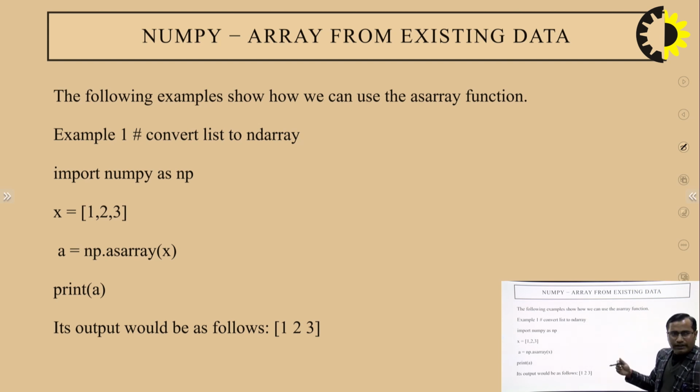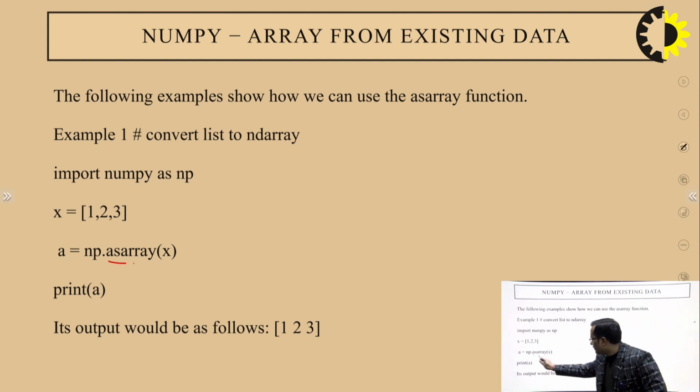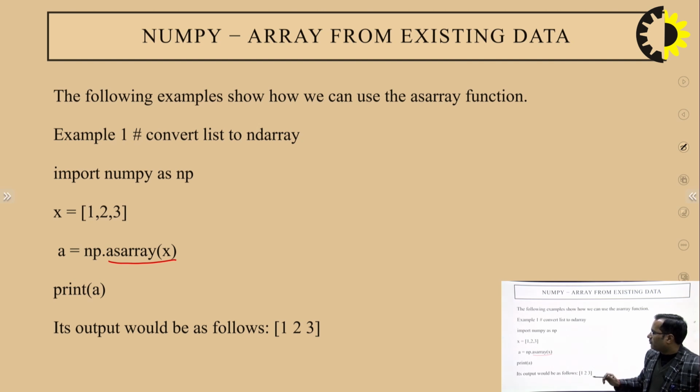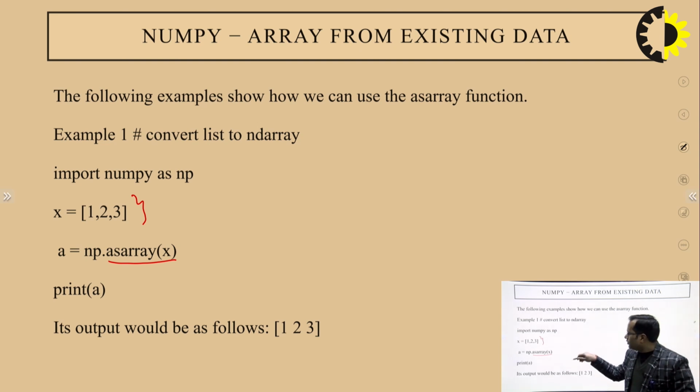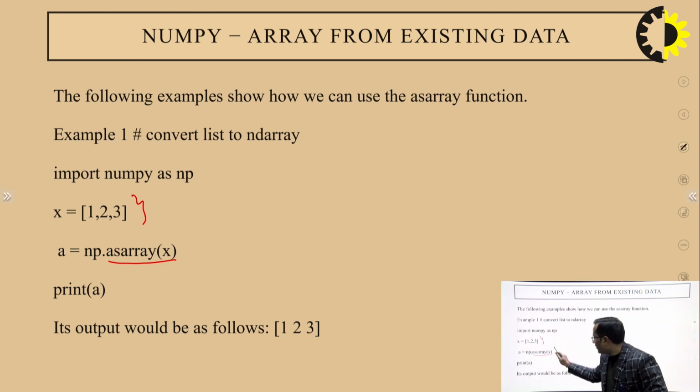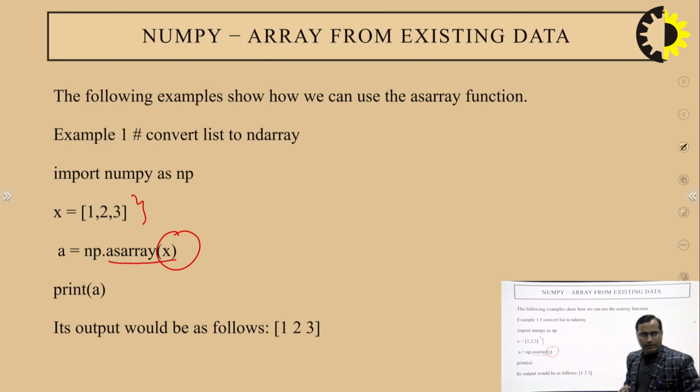If we want to create an array from existing data, we can use the asarray function. Here we have created a list. Now we want to create an array from this list, so we pass this list as a parameter to asarray to create the ndarray object.